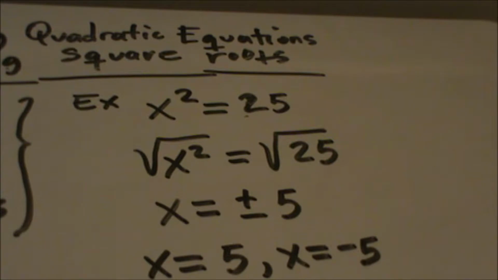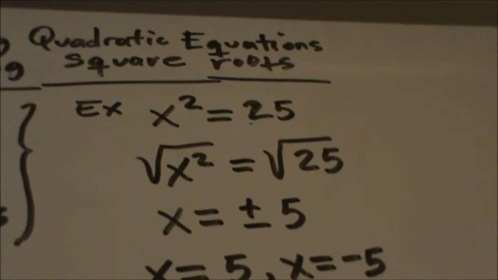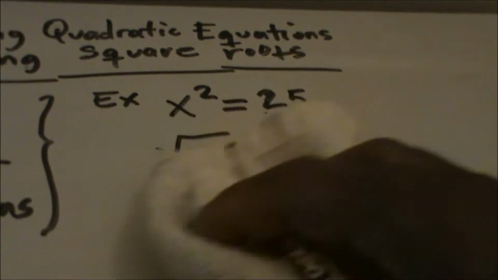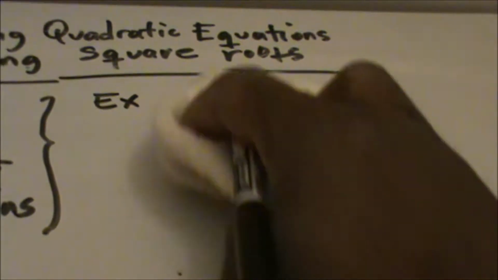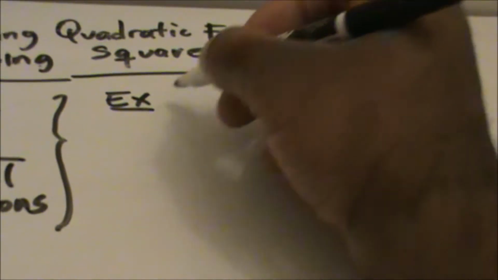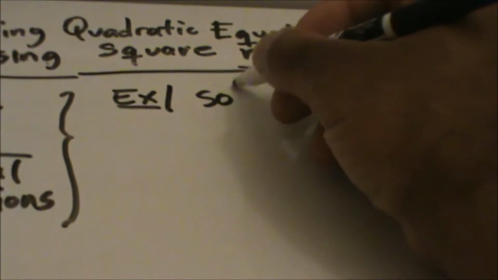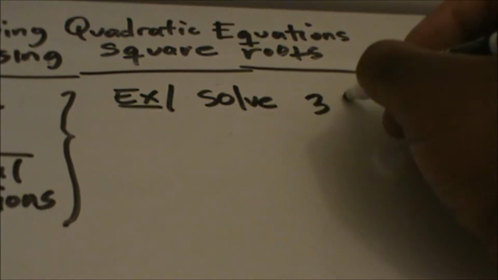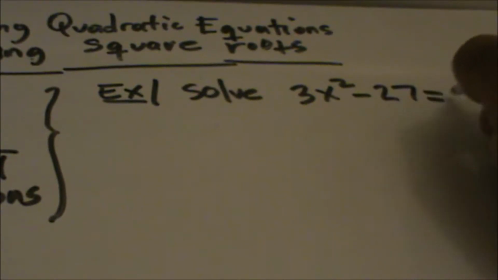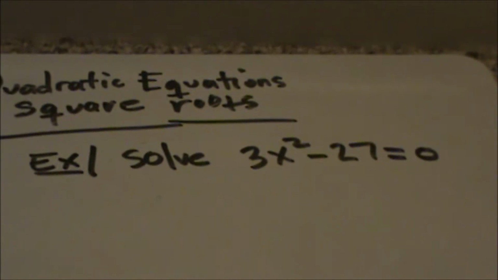This time, let's try something a little different. Let me erase this. And let's do something a little more tricky. Solve 3x squared minus 27 equals 0.